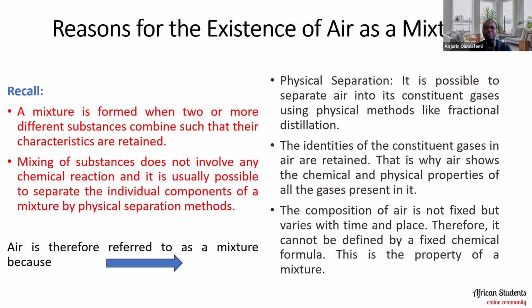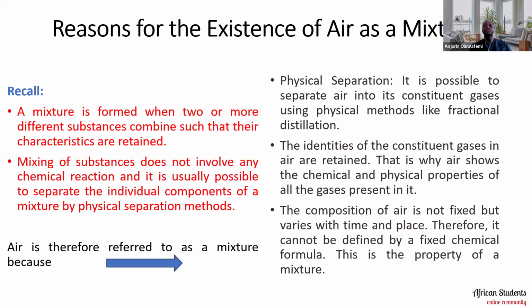Carbon dioxide has a unique property that is different from oxygen. Oxygen has a different property from nitrogen, and they all retain their properties. That is why air shows the chemical and physical properties of all the gases present in it.